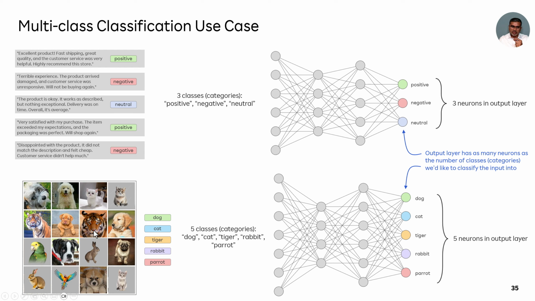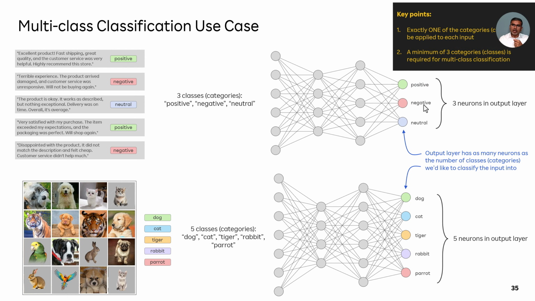If you were to give it this other image, a well-trained network would make this particular neuron activate and say, hey, it's a tiger, and the rest of them will be subdued. So as many classes as you would like to classify your input into will be the number of neurons that you will have in the output layer.